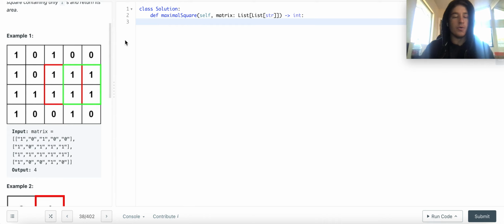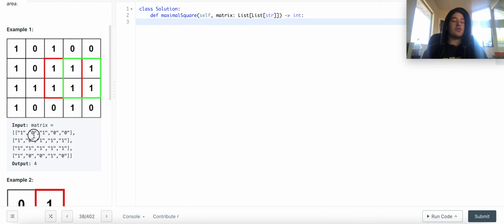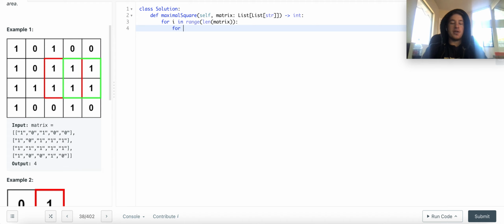So the first thing I'm going to do is, you'll notice how matrix has ones and zeros as letters instead of numbers, right? They're characters and strings. So first thing we're going to do is fix that. Let's look at each I in range length of matrix. You don't need to do this, but I'm not focusing on having the fastest solution, only the fastest worst case runtime solution.